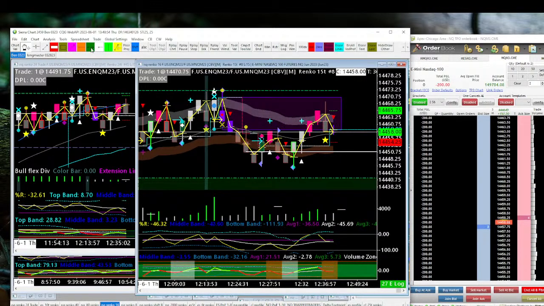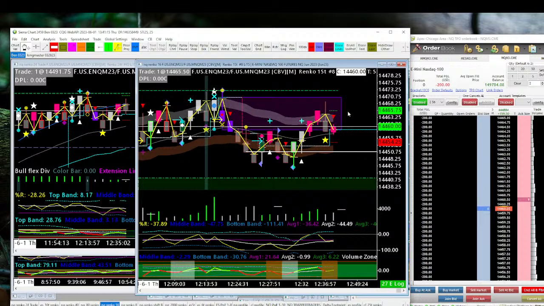Because as I explained yesterday or the other day, the bodies of a star are basically the same thing as a purple or pink bar. And since getting over purple bars with volume and price is usually bullish, I can also get over the body of a star with a bullish bar.